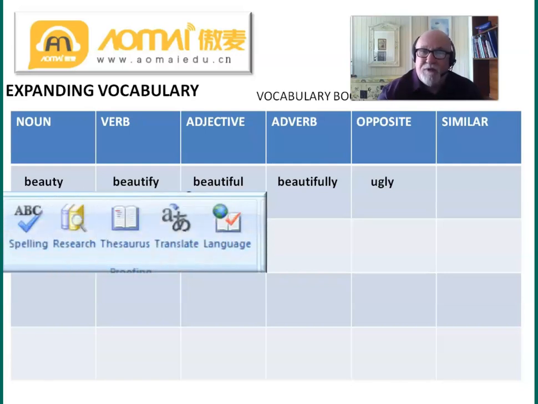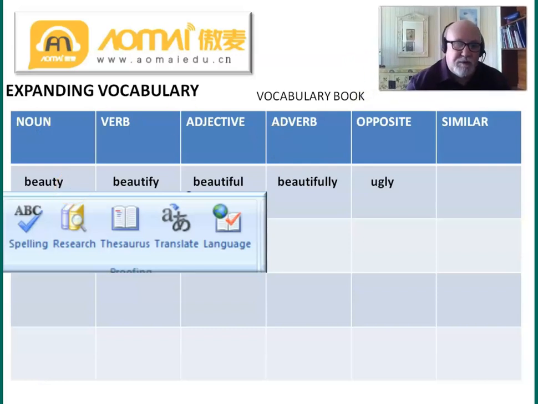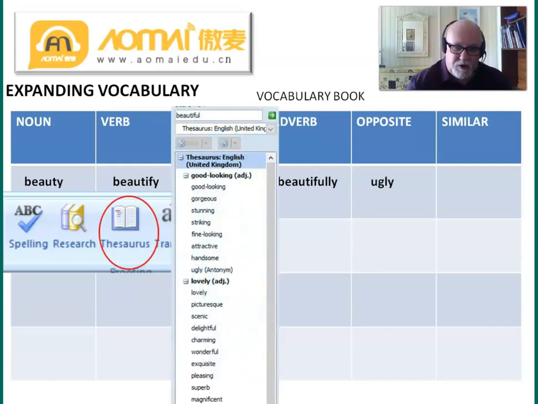Now, where do we find a lot of these words? For example, words that mean the opposite, or similar words. If you are using a program called Microsoft Word, and you type something on the page, you can go up to the top to the review section of Word, and you can look up this thing here called a thesaurus. In the thesaurus, you will see there are alternative words for the one that we're using.